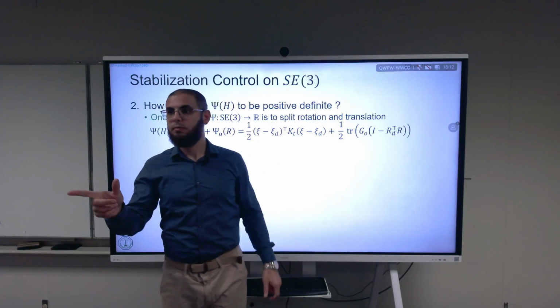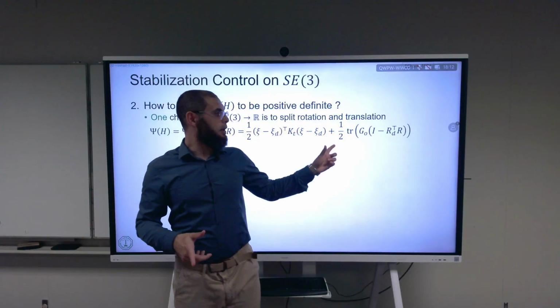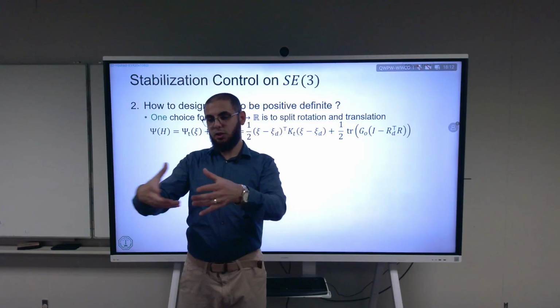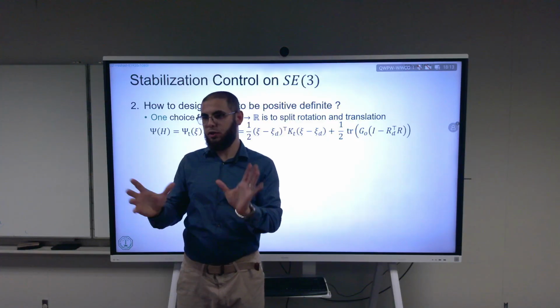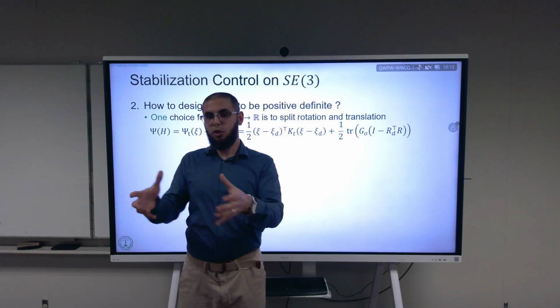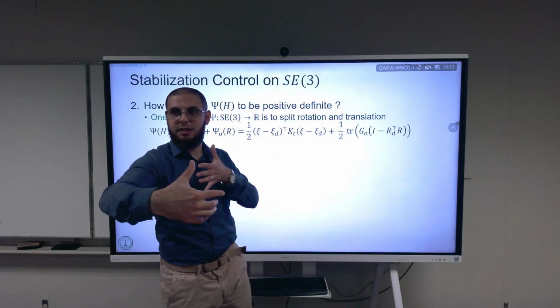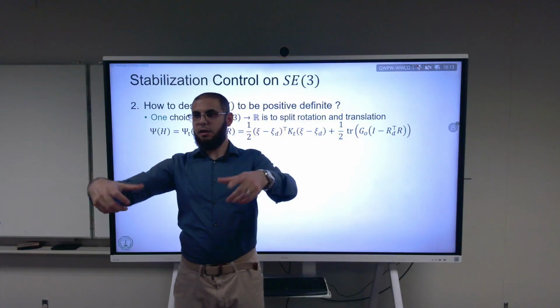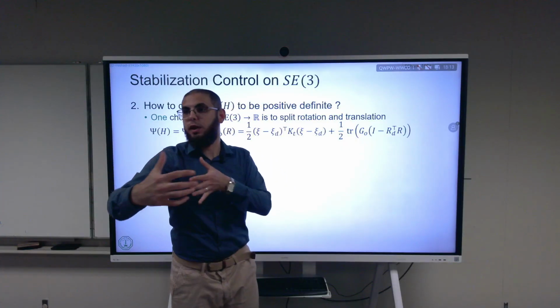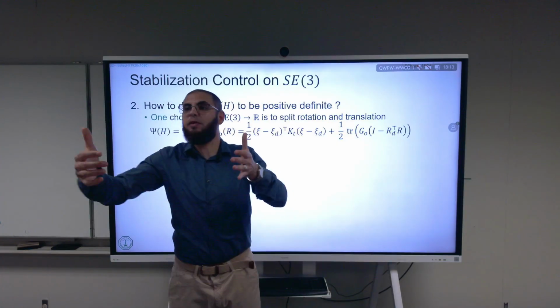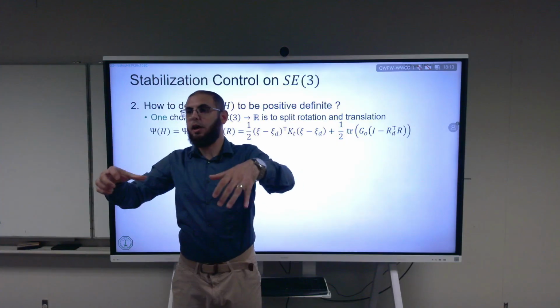How is that useful? For a drone, it depends on the distribution of the motors, but usually you might have a configuration that produces more torque in this direction than this direction. So it's more powerful this way, and you don't need to put a lot of control effort here. You need the gain to be very small here, but very high here.